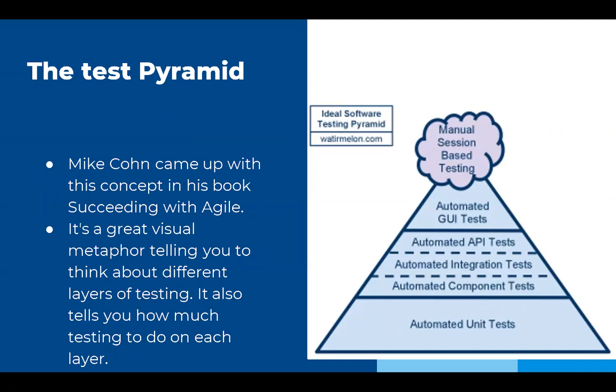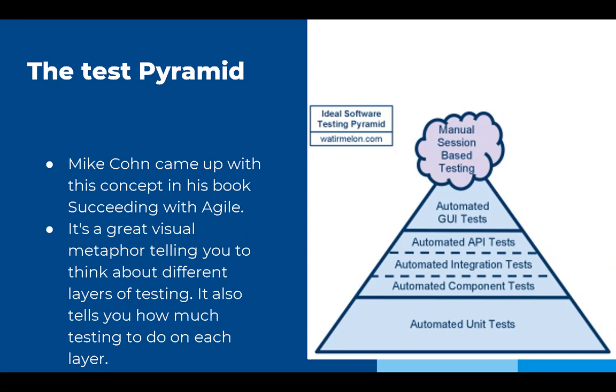This is an interesting chart about the test pyramid. This concept came from Mike Cohn, written in his book Succeeding with Agile. It is a chart showing an example of how many automated tests we may require at different levels of testing.